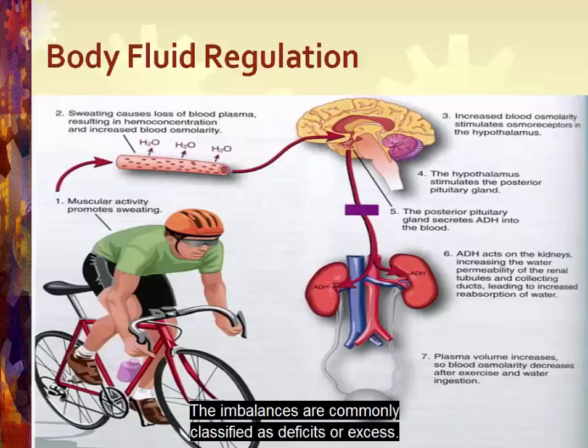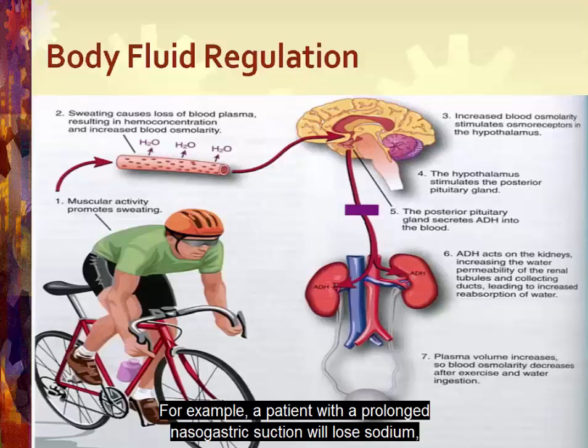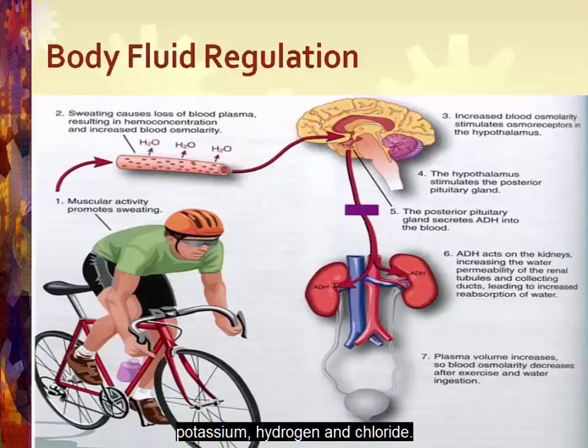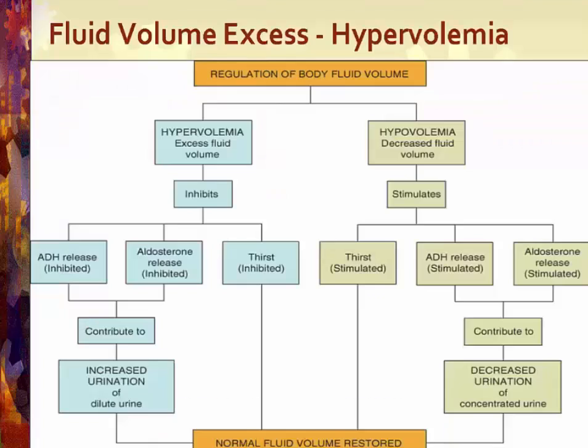The imbalances are commonly classified as deficits or excesses. In actual clinical situations, it is common for more than one imbalance to occur in the same patient. For example, a patient with prolonged nasogastric suction will lose sodium, potassium, hydrogen, and chloride, and these imbalances may result in deficiencies of both sodium and potassium.